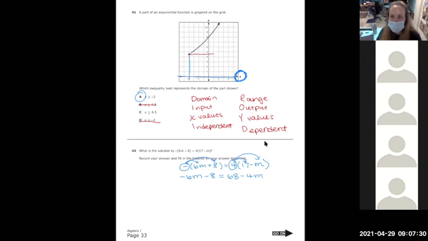Then we need to get our variables on the same side. So I can either add 6m or 4m to both sides. I'm going to add 6m to both sides. And that leaves me with -8 equals 68 plus 2m.